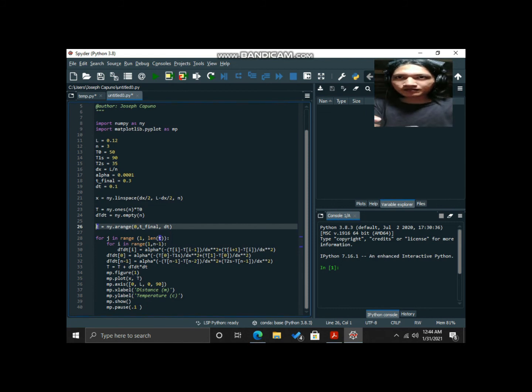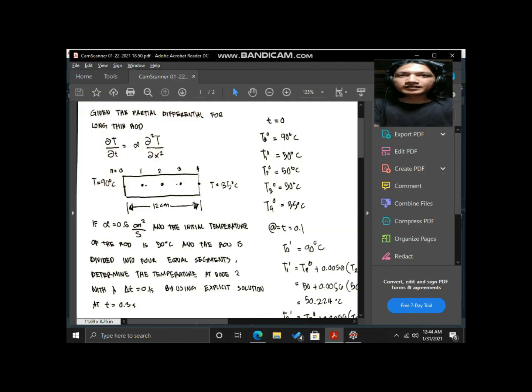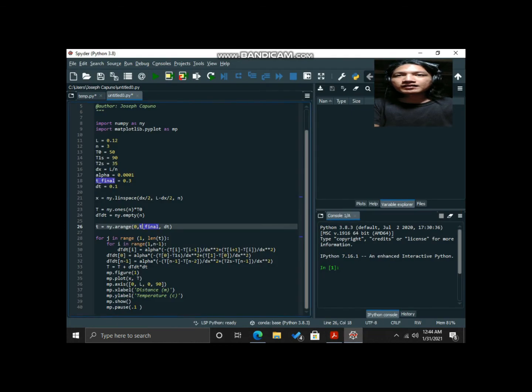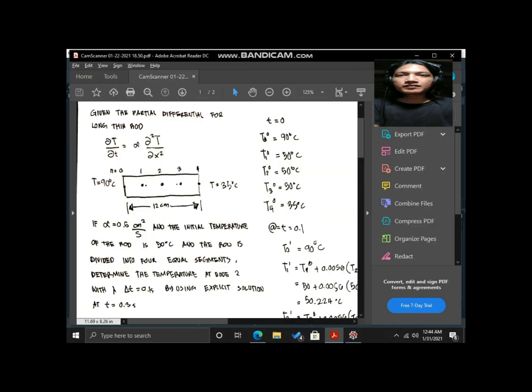Halimbawa, 0 to 3, 0 to 4. So dito, sa case nito is 0 to T final. Kasi yung hinanap natin is 0 papuntang 0.3. Tapos, ang dt mo naman, yung 0.1, ibig sabihin, kapag pinlot mo yan, 0, 0.1, 0.2, 0.3. Ganun mo siya ipa-plot.